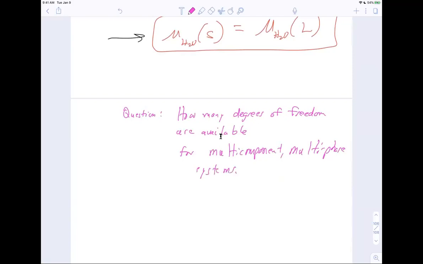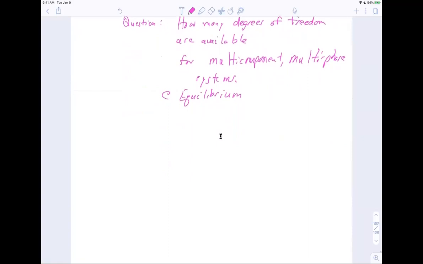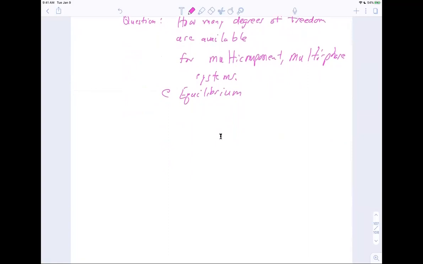Okay. And so you have multiple components and you have multiple phases. And these are at equilibrium. Of course, everything we do here is at equilibrium. Okay, so let's set up our little experimental system so that we can see what's going on.